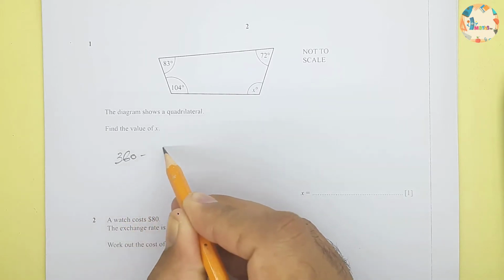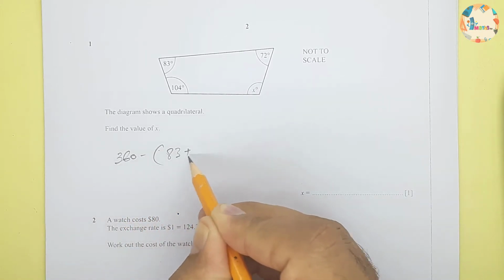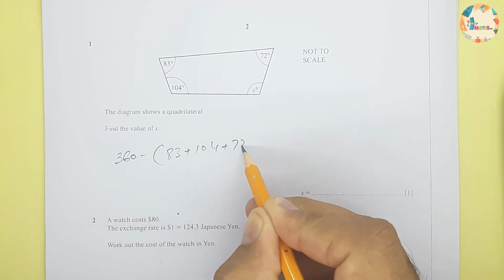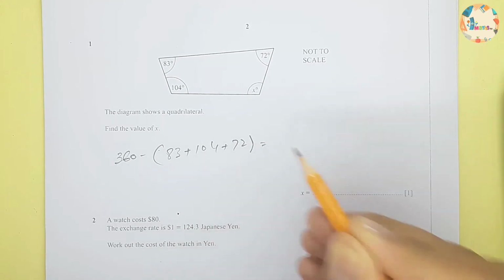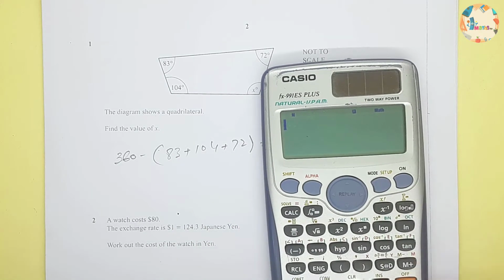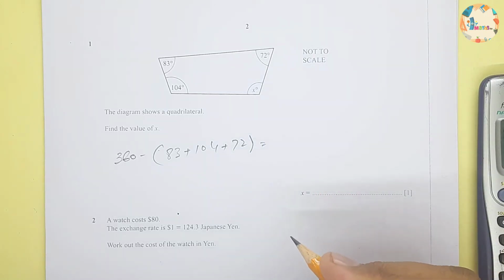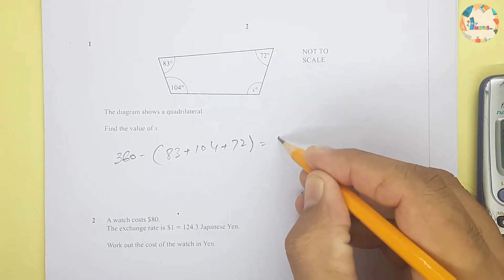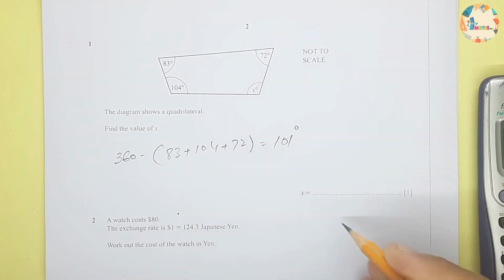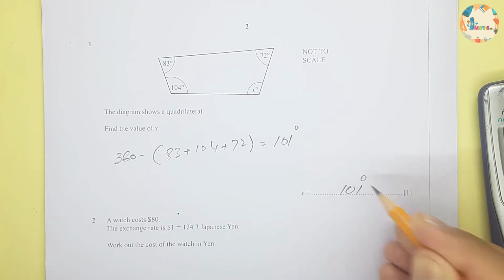So 360 minus (83 plus 104 plus 72) will result in 101. So we can write 101 degrees. Answer will be 101 degrees.